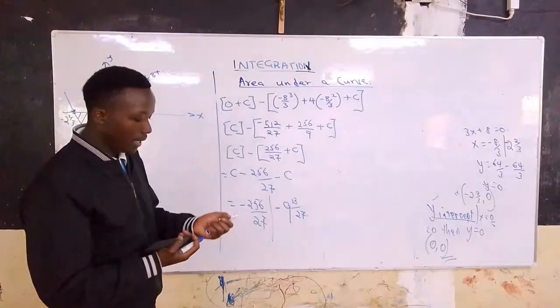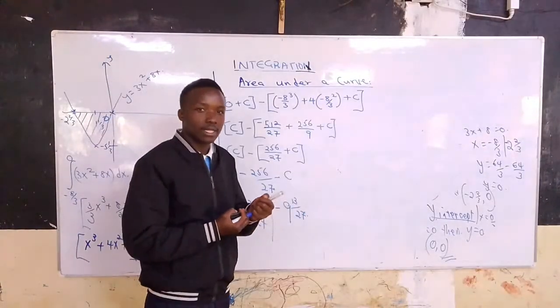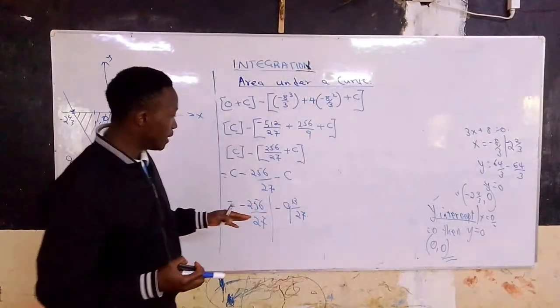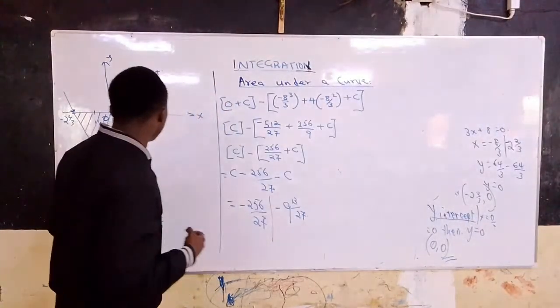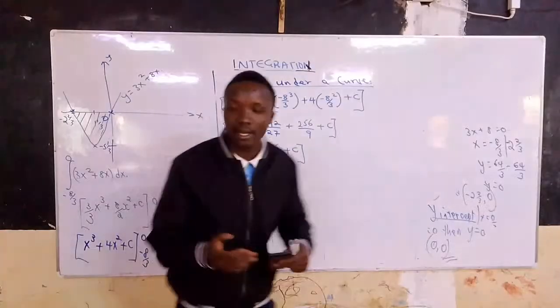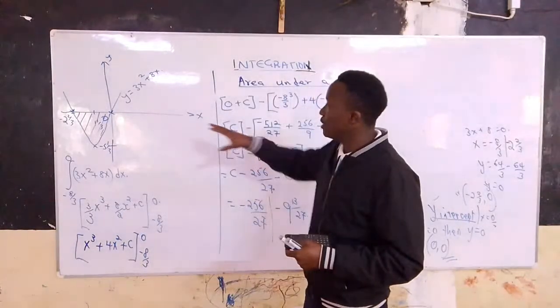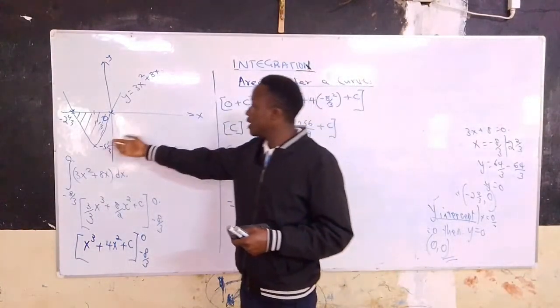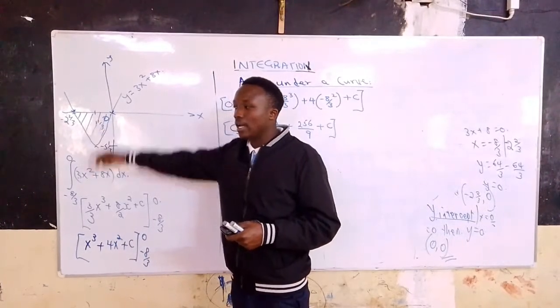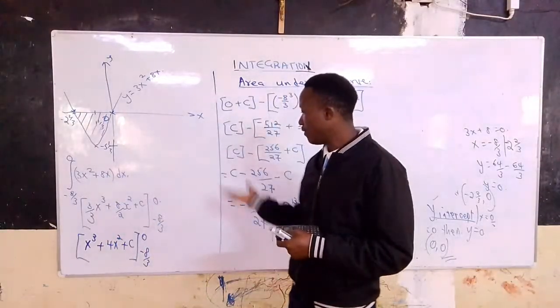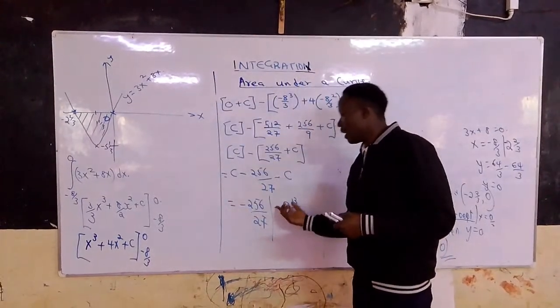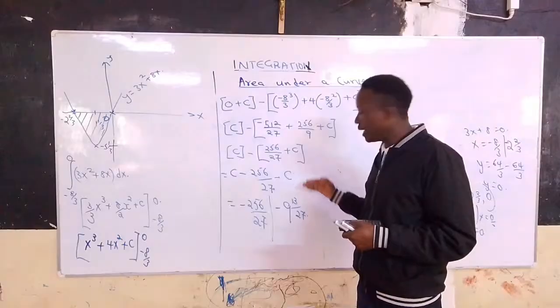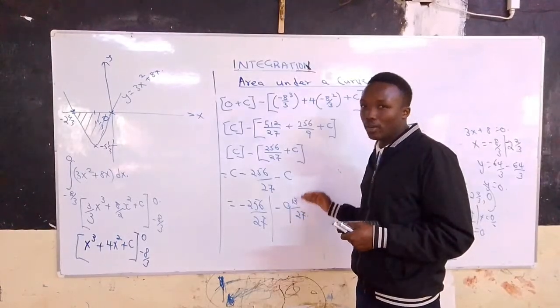Remember, in our previous lesson yesterday we said that when we find our area is negative, it simply means that the area is bounded under the x-axis.